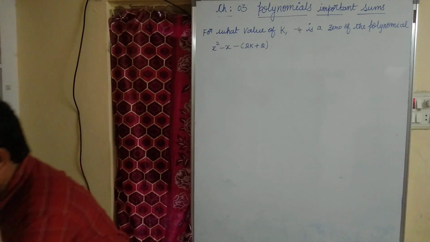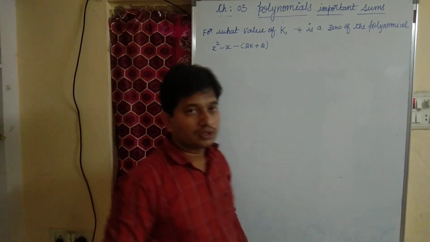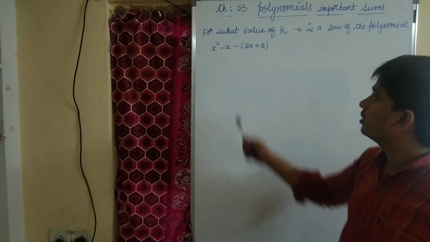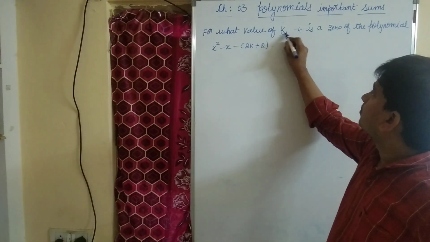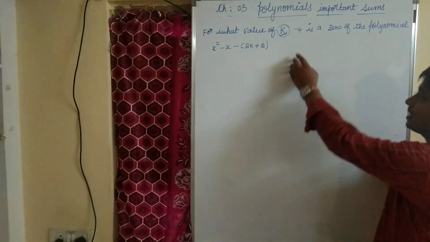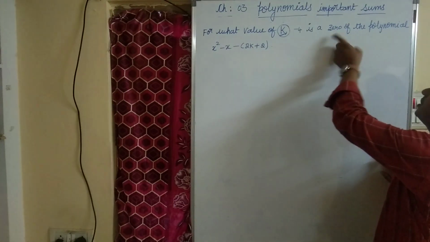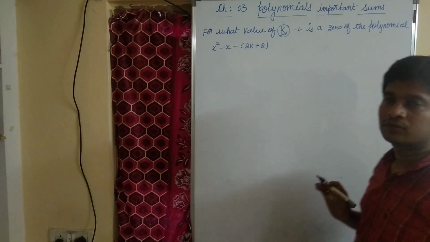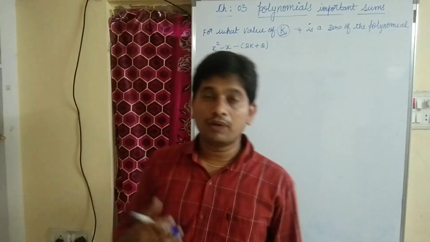So in this way also they may ask questions. Try to understand the question carefully. For what value of k? I mean we have to find the value of k. They said directly minus 4 is a zero of the polynomial.